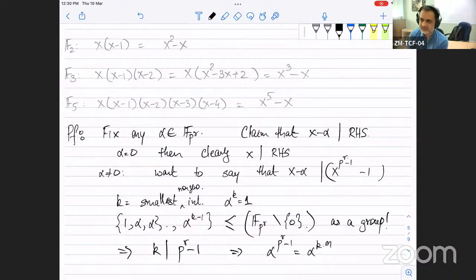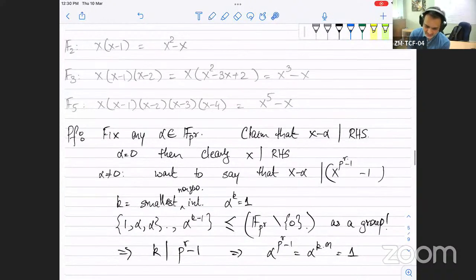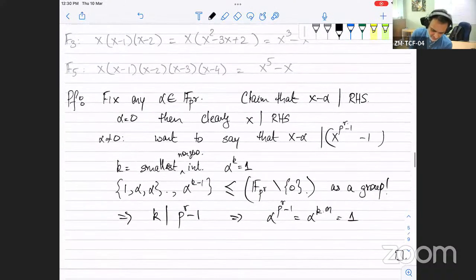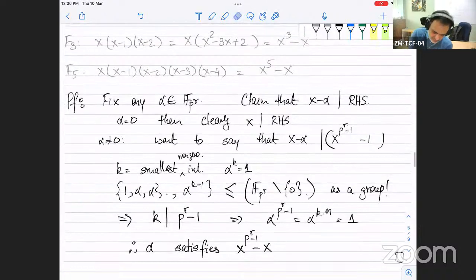I don't know what that is, which I know is equal to 1, because alpha to the k is equal to 1. So that tells me that alpha satisfies x^(p^r) minus x, or x^(p^r minus 1) minus 1.